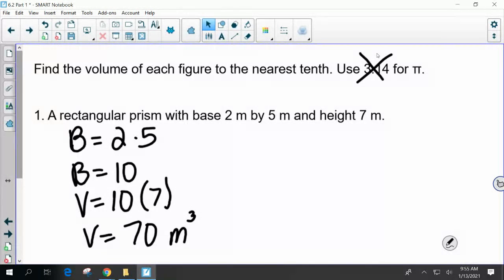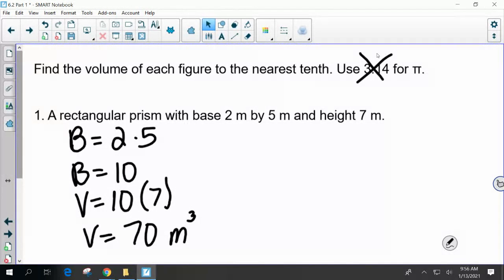Okay, so now the good part about rectangular and triangular prisms is that multiplication is commutative. Does anybody know what that means? Commutative? Just distributive properties stuff. No, it means that you can flip them around and they're going to be the same answer. So like 2 times 5 or 5 times 2 are both going to get you to 10.